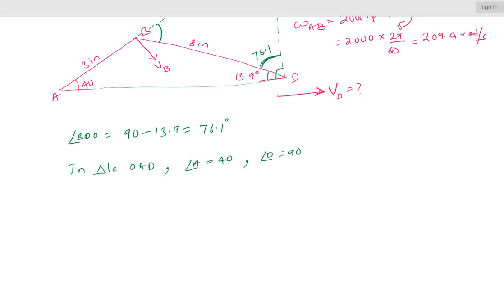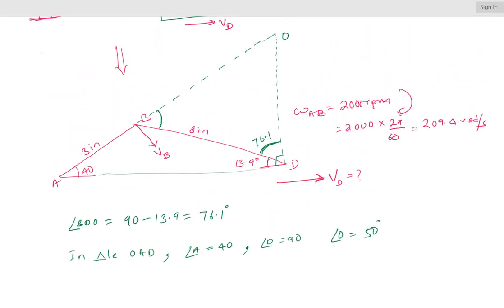So angle O is going to be 50 degrees. Now we know 50 and 76.1, so this should be 180 minus 126.1. So that comes to 53.9.